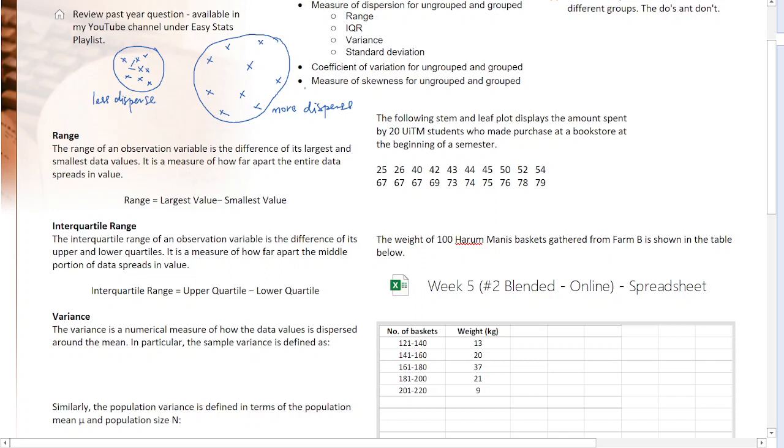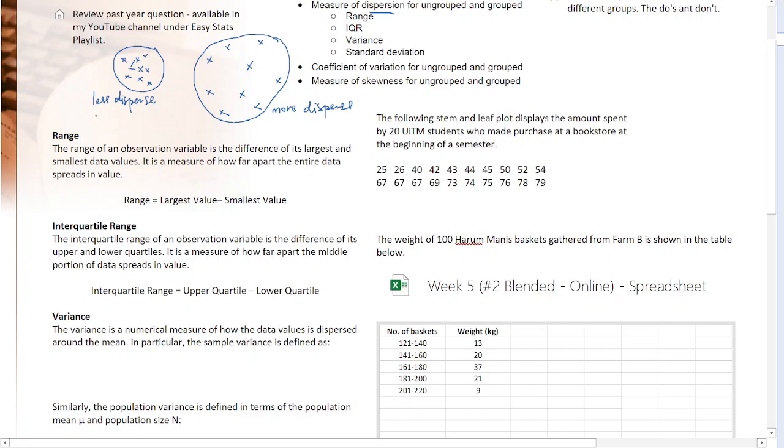Normally the word dispersion is also used together with the term consistent. So what is the relationship between dispersion and consistent? Normally when we have a less dispersed data set, that means the data is more consistent.